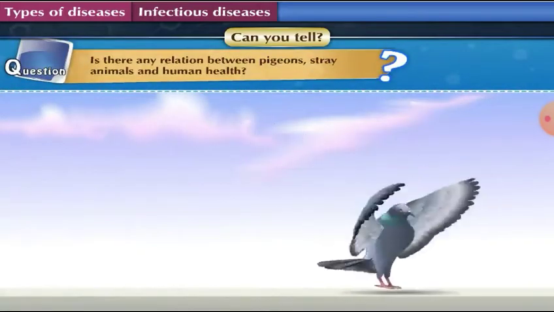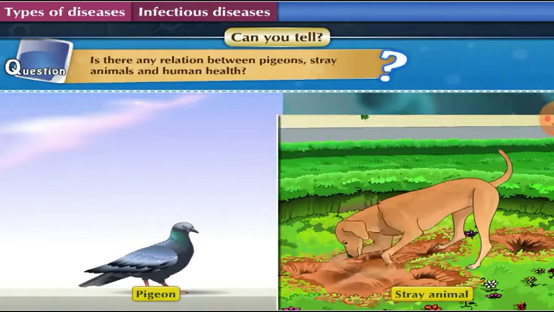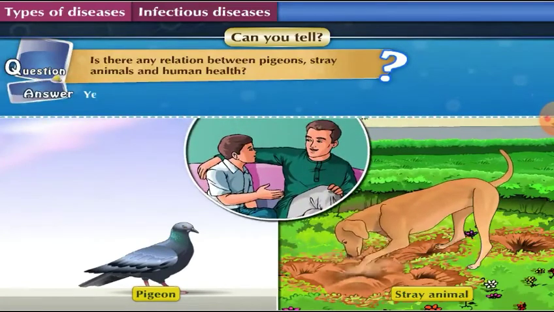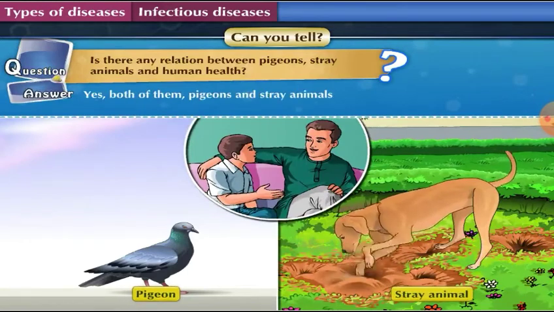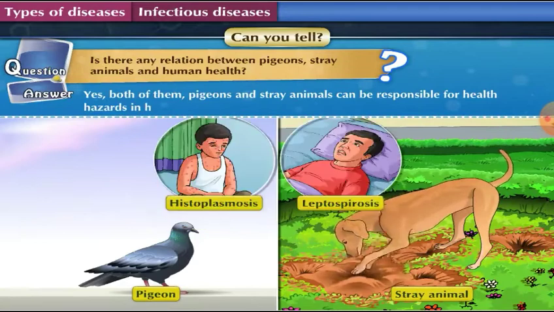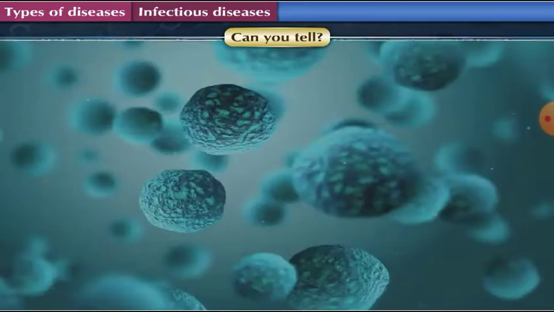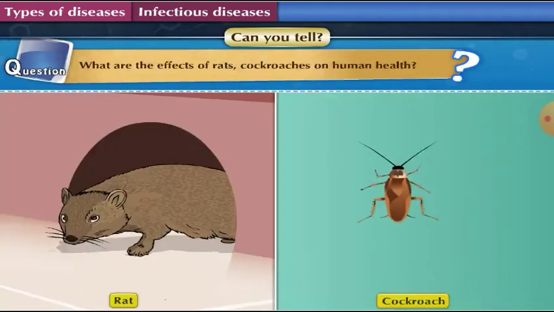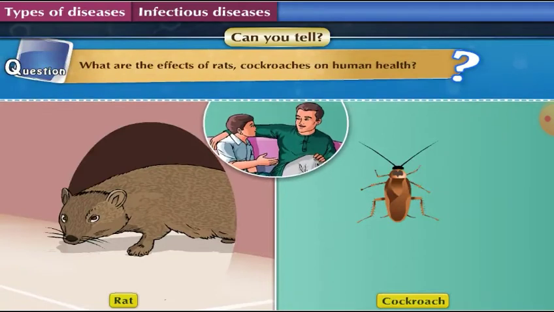Is there any relation between pigeons, stray animals, and human health? Yes, both of them, pigeons and stray animals, can be responsible for health hazards in humans. What are the effects of rats and cockroaches on human health?